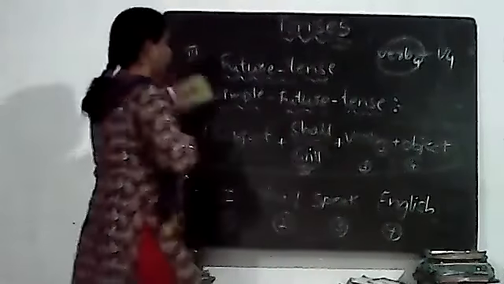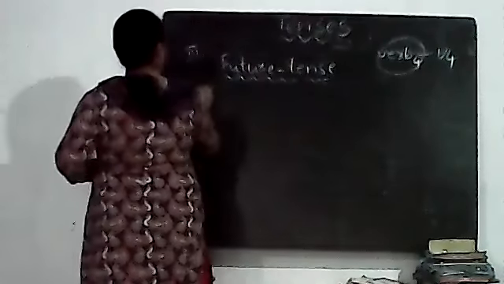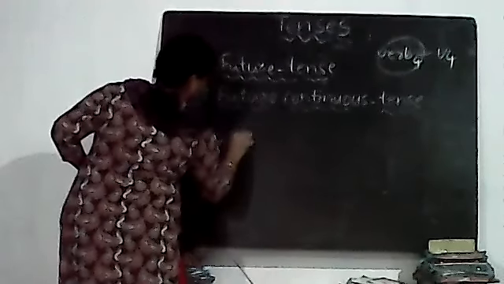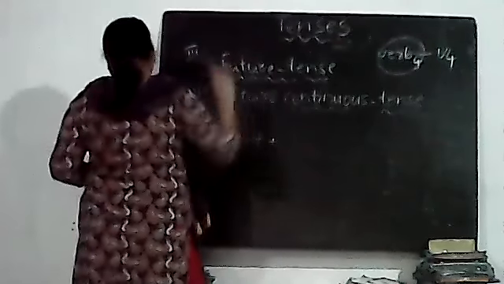Next one, the second one. What is that one? Future continuous tense. Before, how did we write it? You already know that. It is the same as before. The future continuous tense comes after the simple future tense. The structure is subject, same as this, then shall or will.